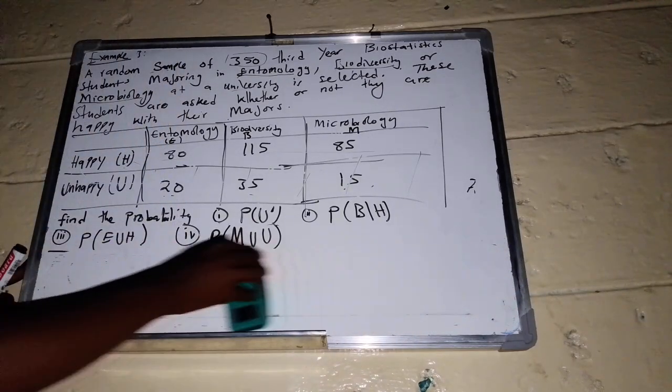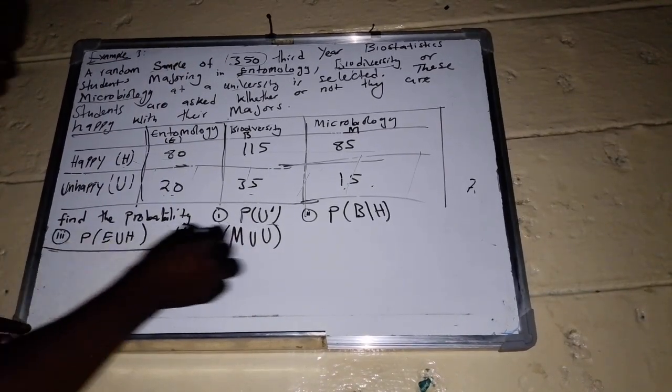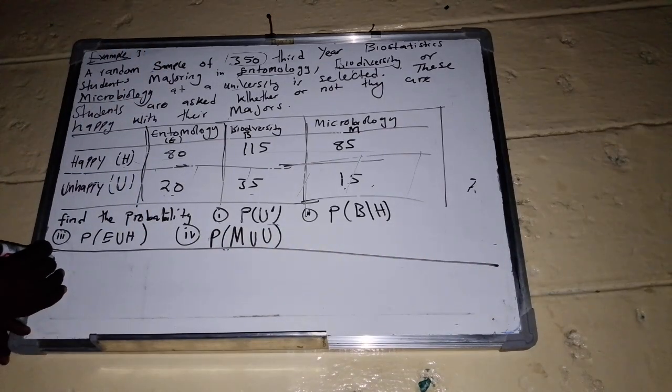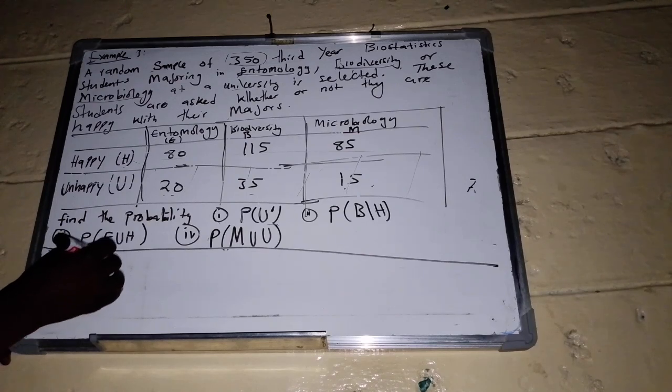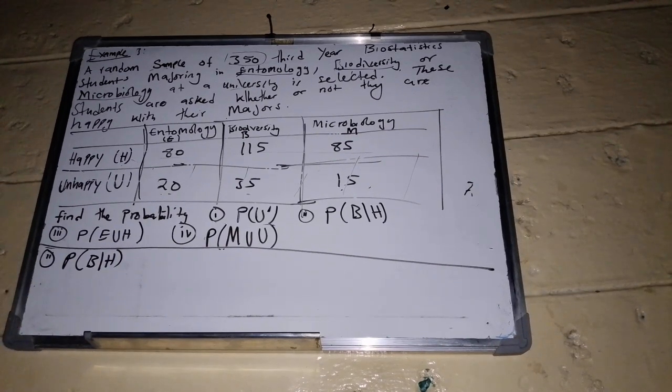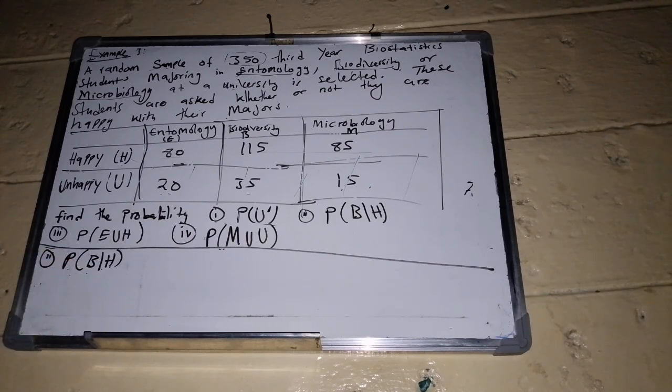The second one says, what is the probability of B given H? I'm sure we're now familiar with these symbols. If I write P(B|H), this means the probability of B given H. So given this formula, what kind of rule are we talking about?